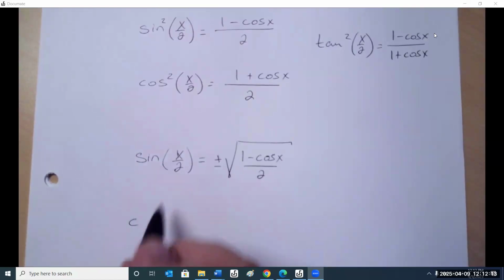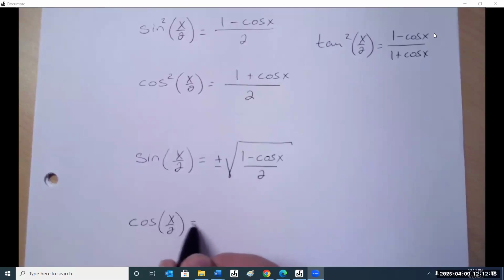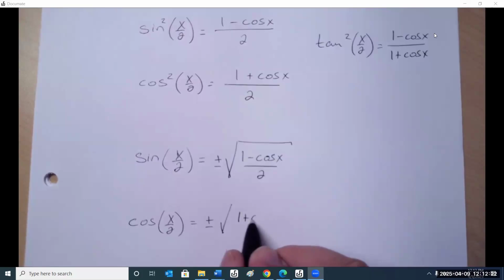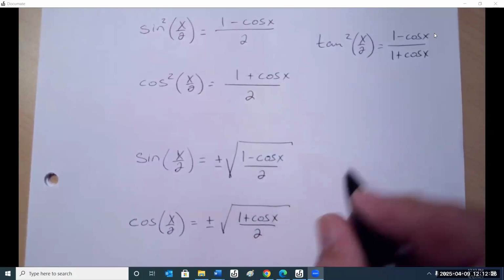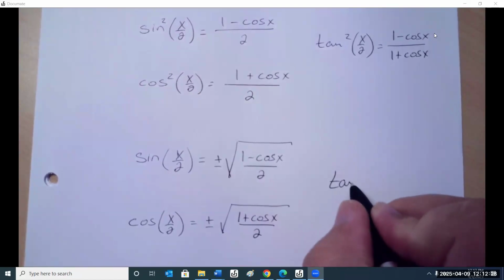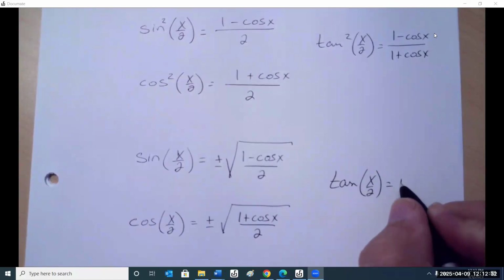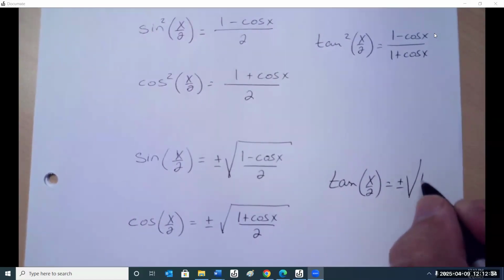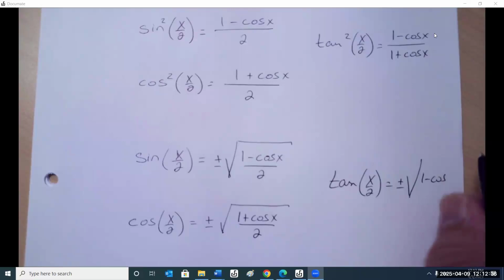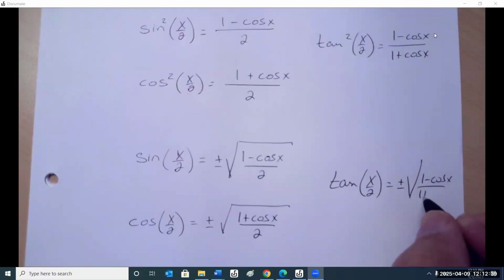So then the cosine function would be plus or minus the square root of (1 plus cosine x) over 2. And then tangent of x over 2 would equal plus or minus the square root of (1 minus cosine x) over (1 plus cosine x).